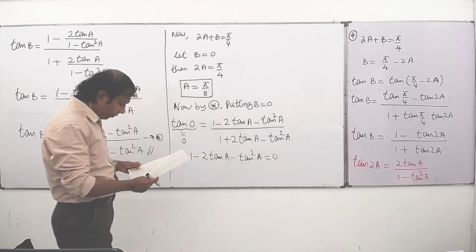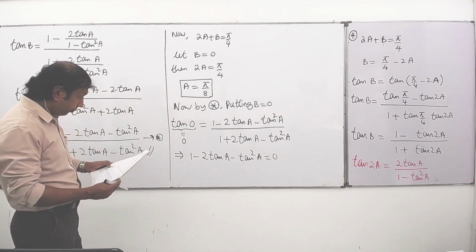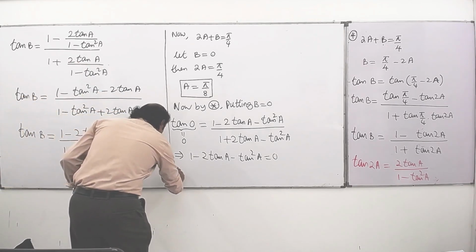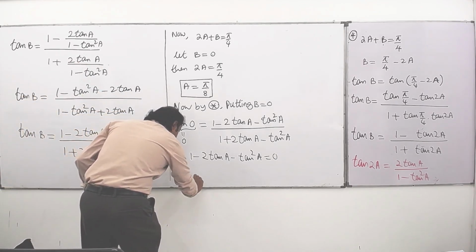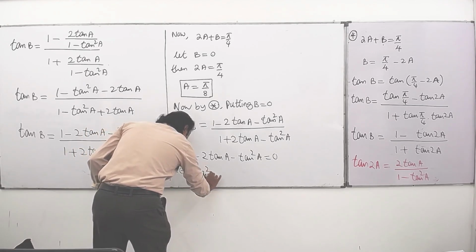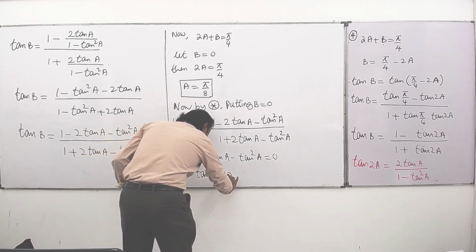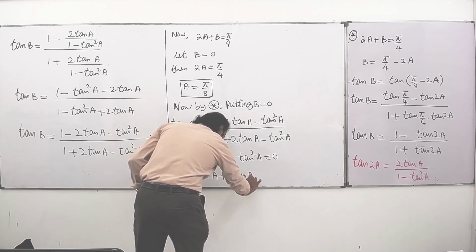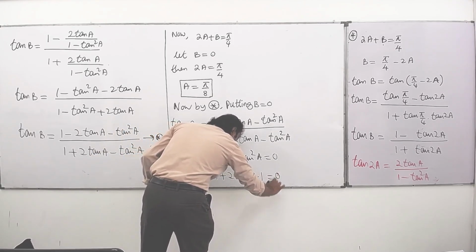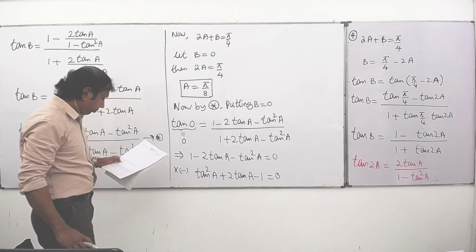Then you can write it, multiplying with a minus sign, as tan squared A plus 2 tan A minus 1 equals 0. This way we get.